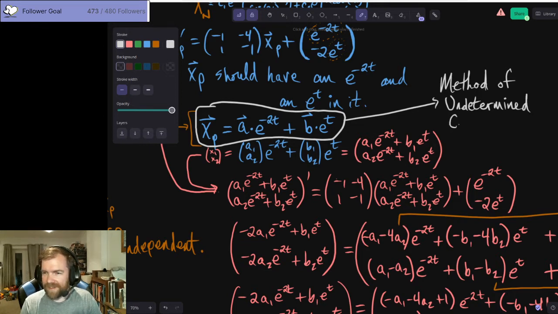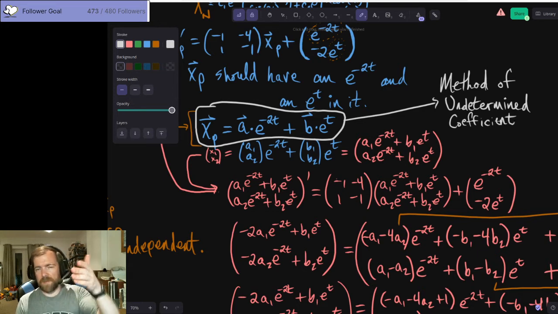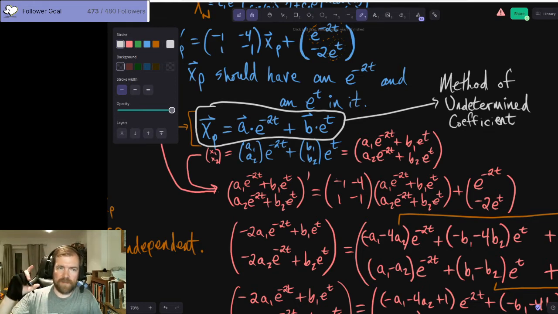I mean, we're saying, well, I'm pretty sure the solution must have a portion in it which is the same as each of the portions of the non-homogeneous portion of our differential equation.